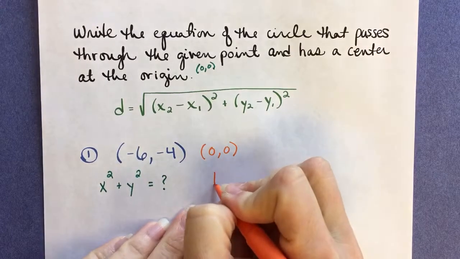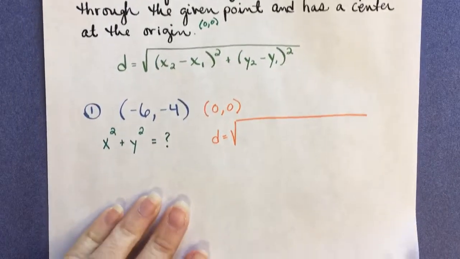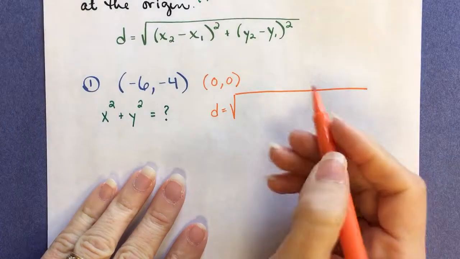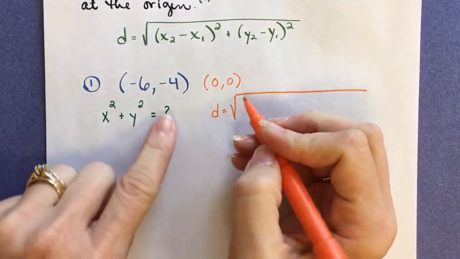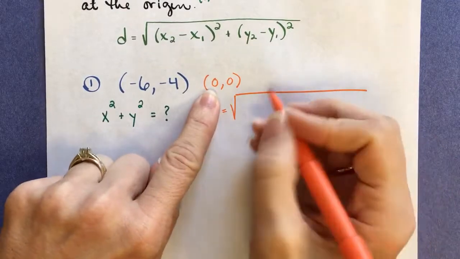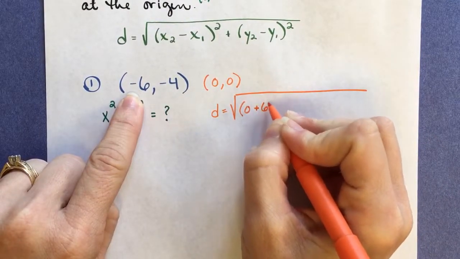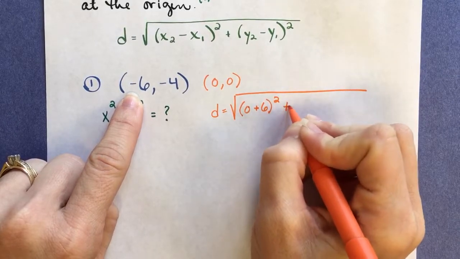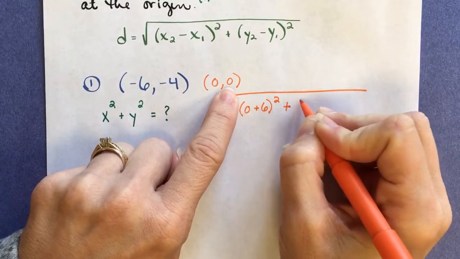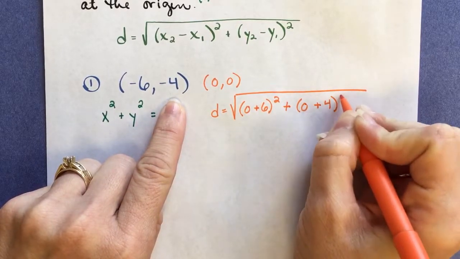So using your distance formula, okay, so we'll have x2. So I'll just use this as the x2. So that means I would have 0 minus -6 squared plus, and then I would have 0 minus -4 squared.